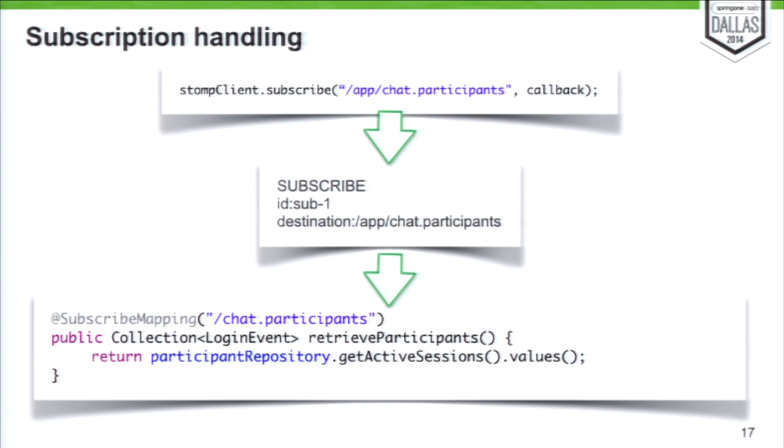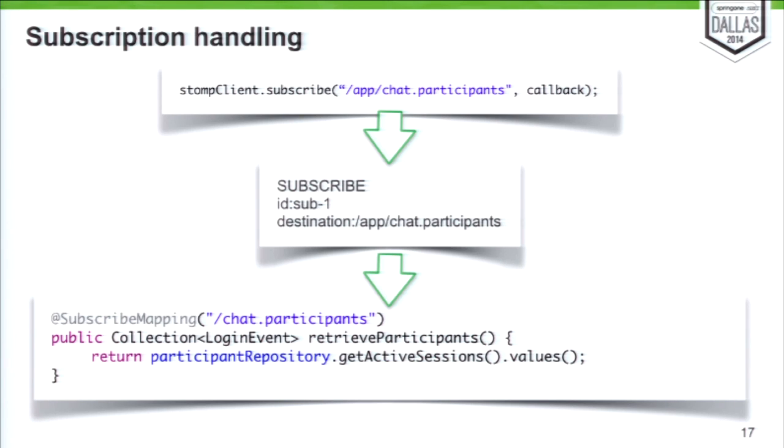So let's see an example of an application destination. In our components, in our controllers, we can actually intercept subscriptions and messages. So here's the example of handling a subscription. Notice that the client will subscribe to /app/chat.participants. That's actually an application destination because we have defined this prefix to be an application prefix.